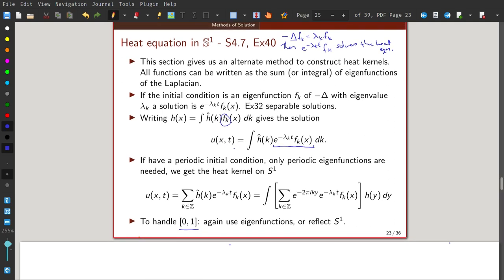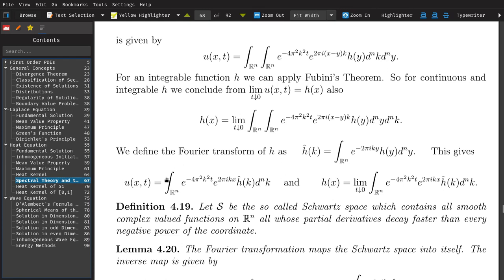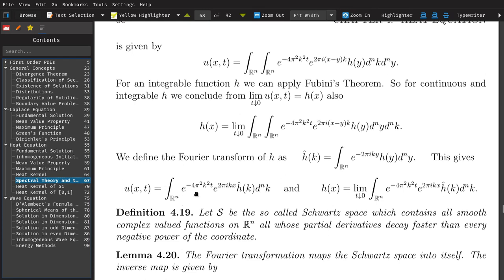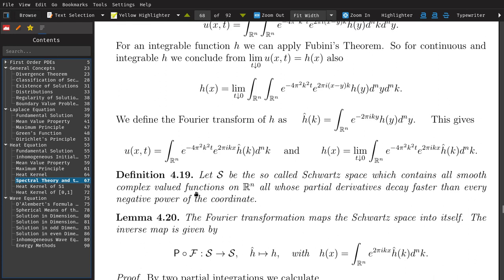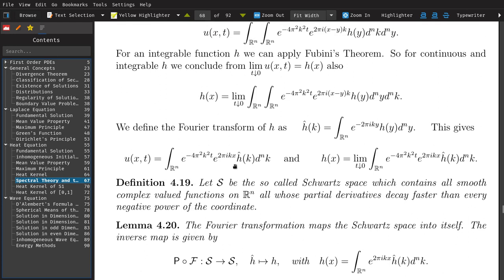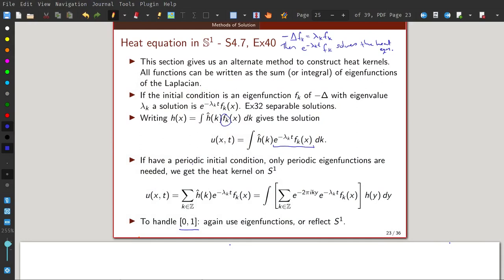If you look at this equation right here, on page 68, you have the coefficient h hat here, the eigenfunction fk here, and e to the negative its eigenvalue times t as the solution. So that's exactly what I have here.